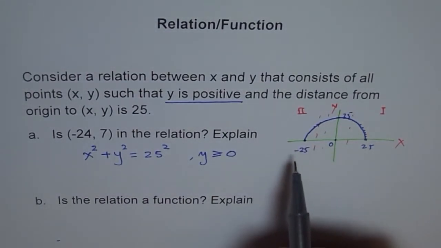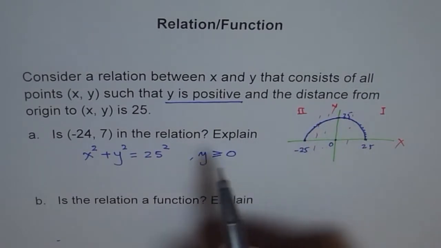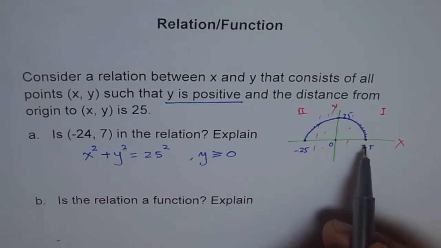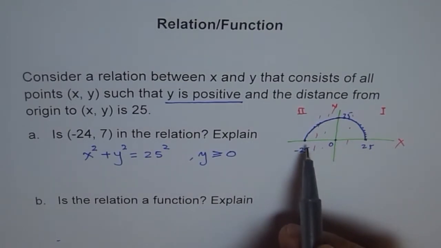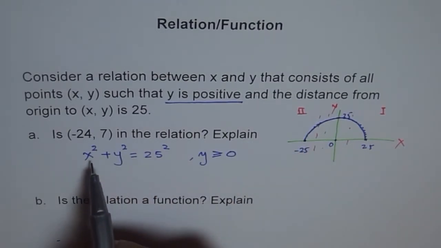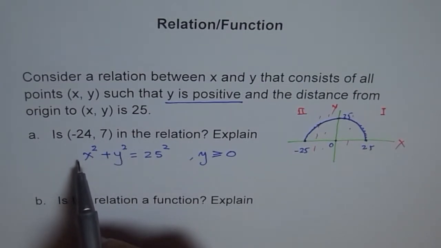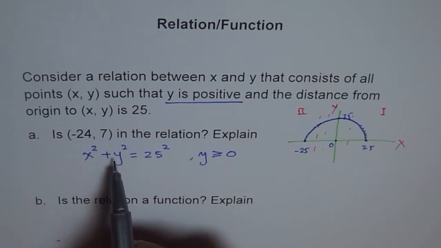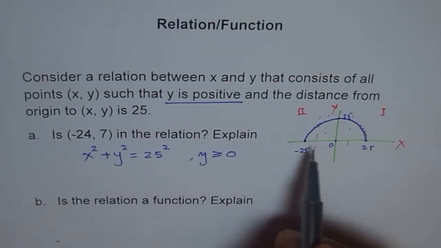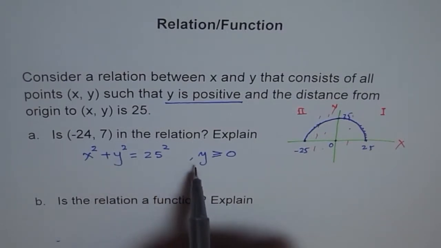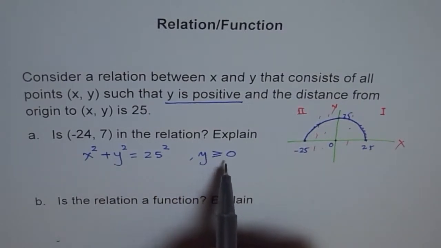The x values for this function, as we can see, satisfy x is less than or equal to 25 in absolute value. That becomes the domain. But if I plug in values of x within this, I actually get two different values of y. But what we are doing is restricting y to only positive values, correct?